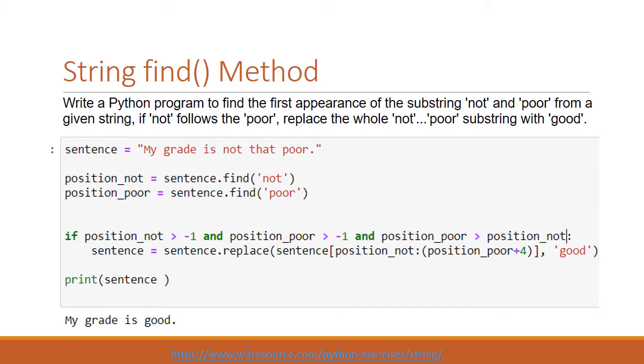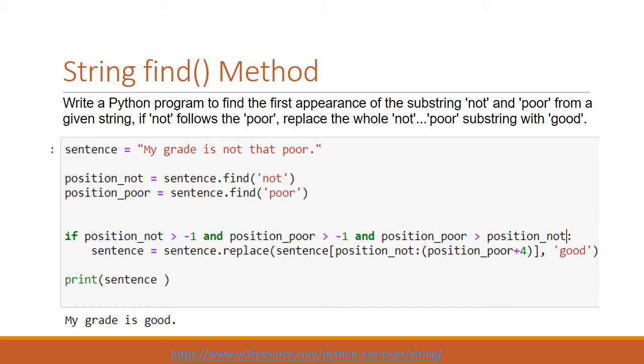So our Boolean expression for our if statement is if position not is greater than -1 and position poor is greater than -1 and position poor is greater than position not, now we can replace our not that poor string with good.